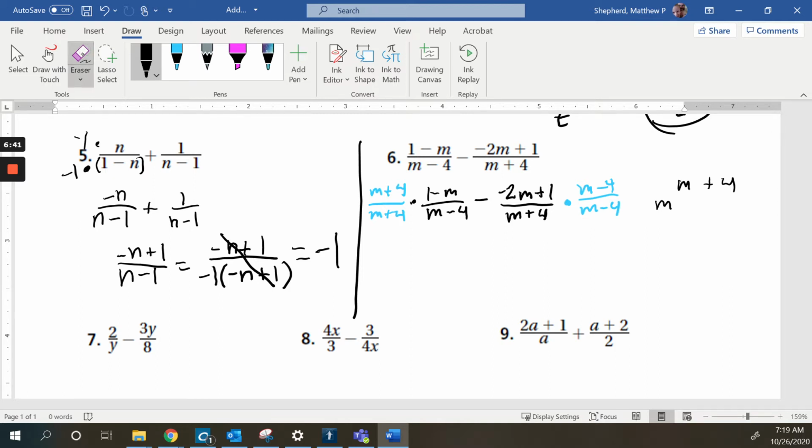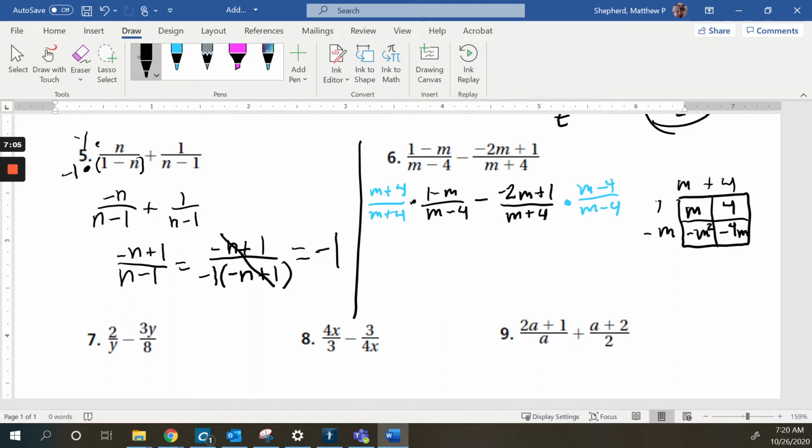Oh, that was supposed to be a 1 and a minus m. We'll go ahead and multiply those together. So an m, a 4, negative m squared, and negative 4m.